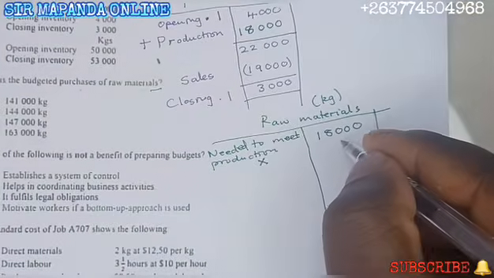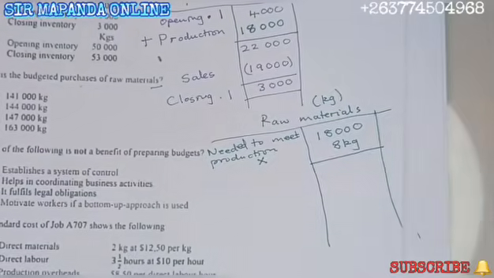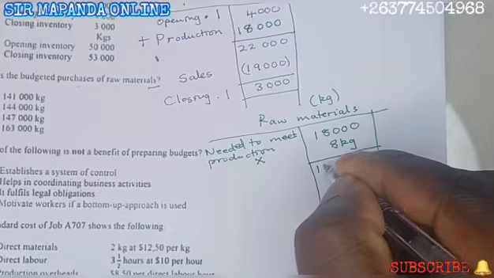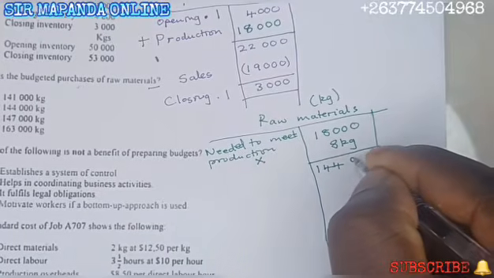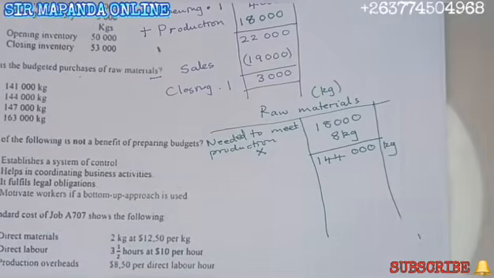So we multiply 18,000 by 8 kgs. 18 times 8, you get 144,000. So you write 144,000 kgs.